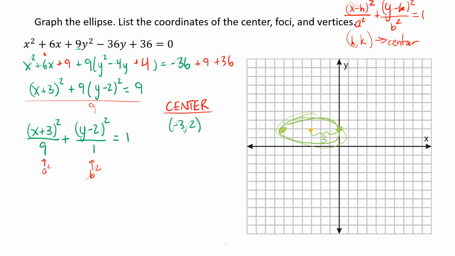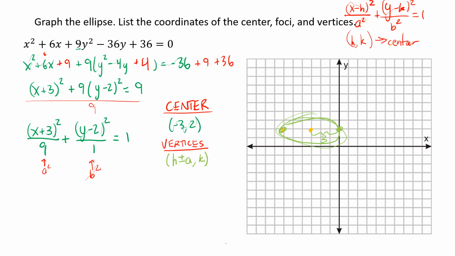So what we can do is look at this when we want to know the vertices. If we wanted to generally say what they were, for a left and right or horizontally oriented ellipse, we could say that it's H plus or minus A, comma K. To see what that does, we take our negative 3 and add 3 to it, and we'd have 0, and we take negative 3 and subtract 3, we'd have negative 6, and that would give us the x coordinates of the vertices.